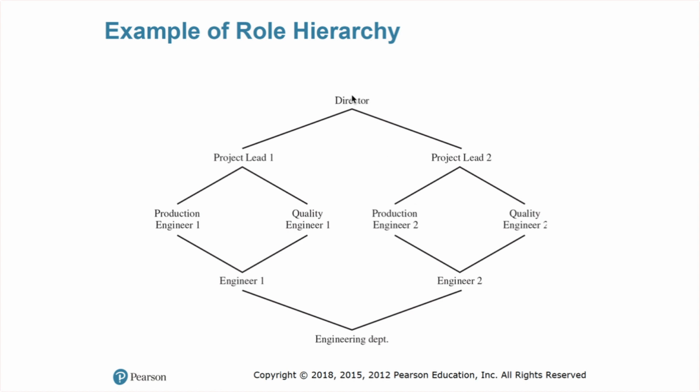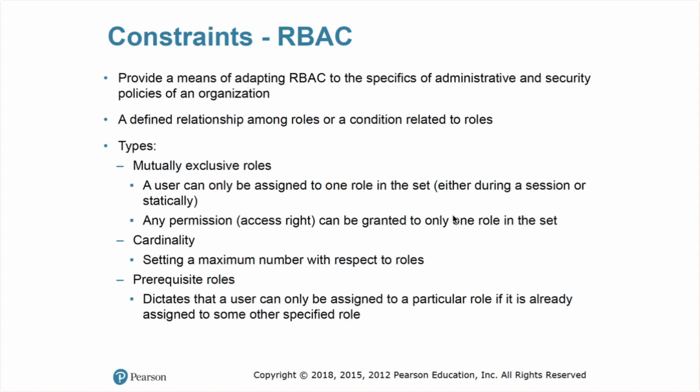Basically, on the top there is a director, so that could act as the root. You can think of it as a tree where the director is at the root level, and then the subsequent branches are below. Then there is overlap, so they could share roles and shared permissions, but in some cases there will not be any sharing.